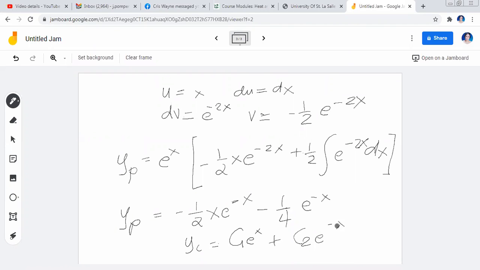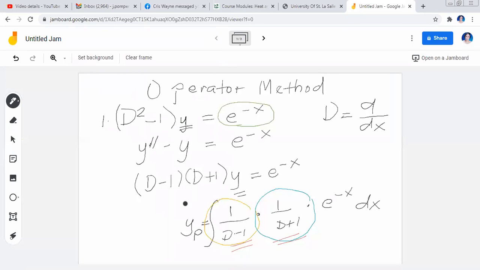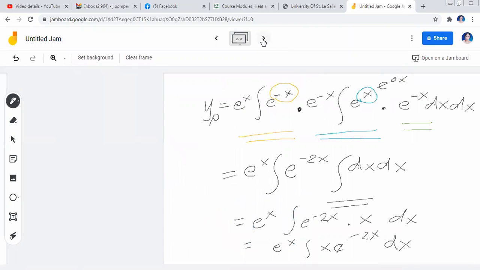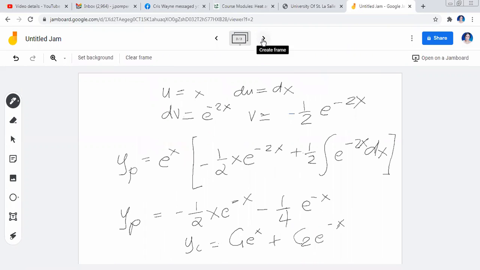This one is based on what you've learned in the method of undetermined coefficient in terms of the nature of the roots. So I have simply mentally replaced the operator d here by m, and that would give me roots which are real and unique from each other. Then that would correspond to exponential functions having those as the argument.